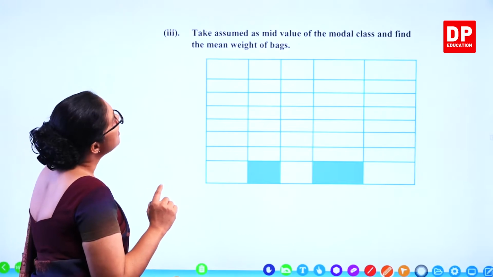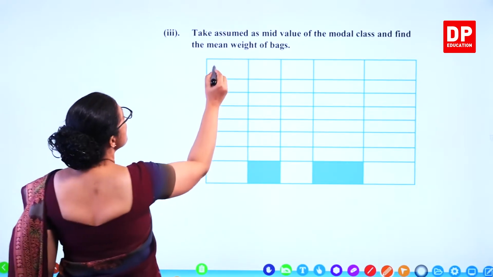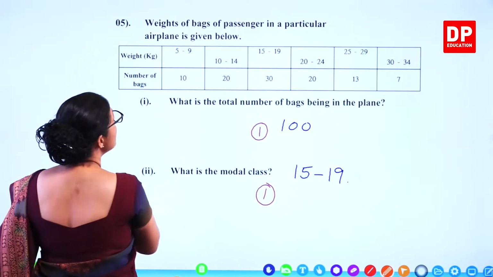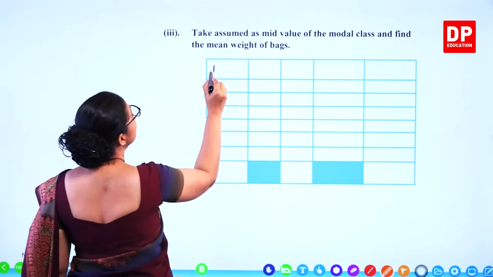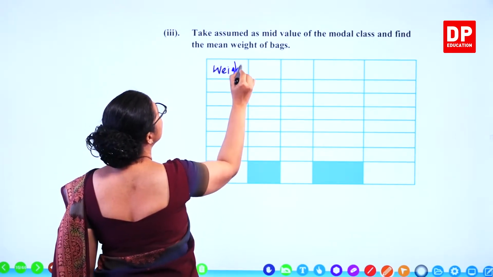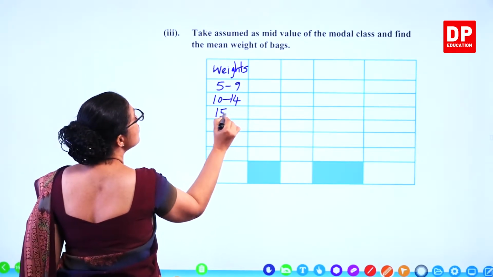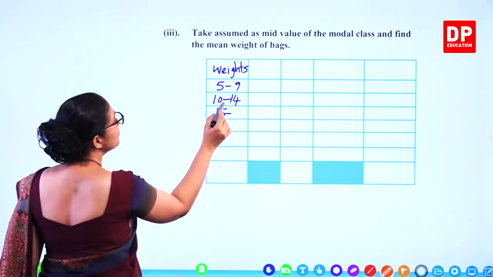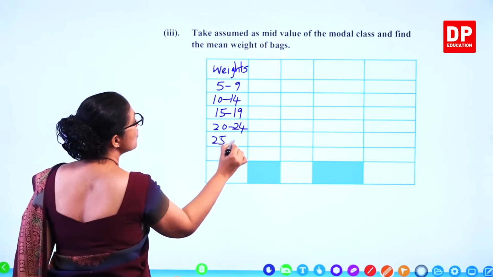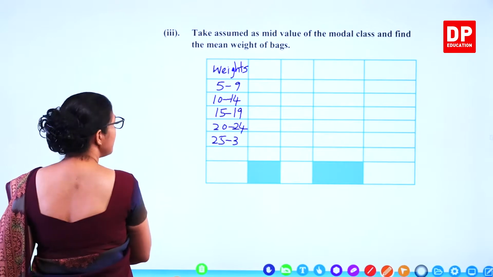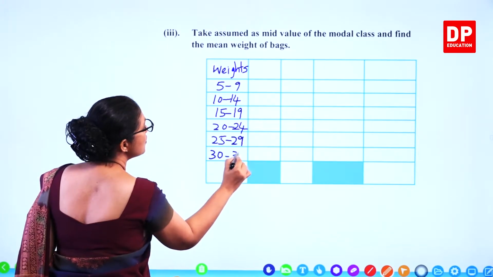Take assumed mean as the mid value of the modal class and find the mean weight of bags. So intervals, so what are the values here? Weights. 5 to 9, 10 to 14, 15 to 19, 20 to 24, 25 to 29, 30 to 34.